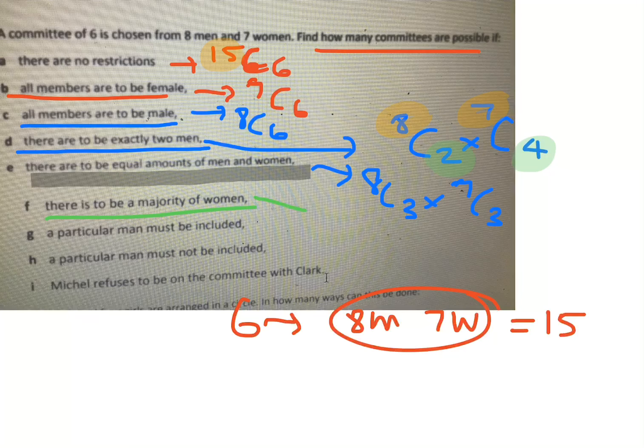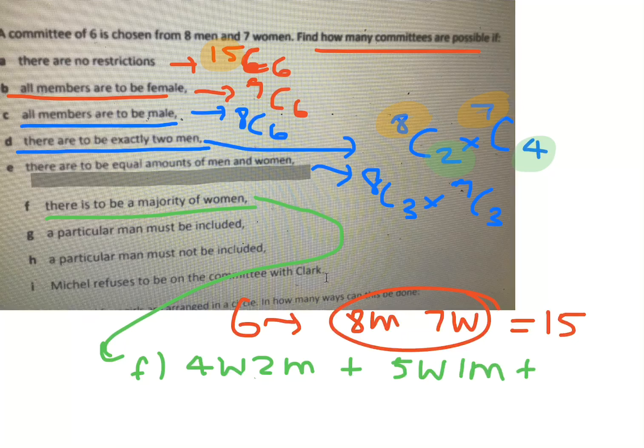There is a majority of women, so let's just do F down here. Majority of women would mean 4 women and 2 men, doesn't it? 4 women, 2 men, or you could have 5 women, 1 male, or you could have 6 women.